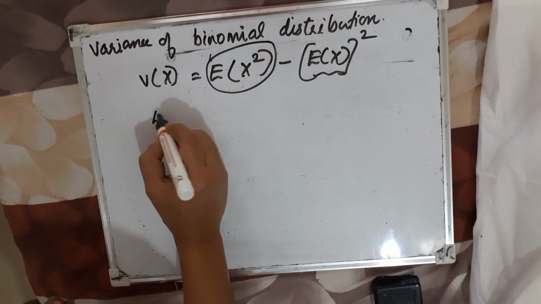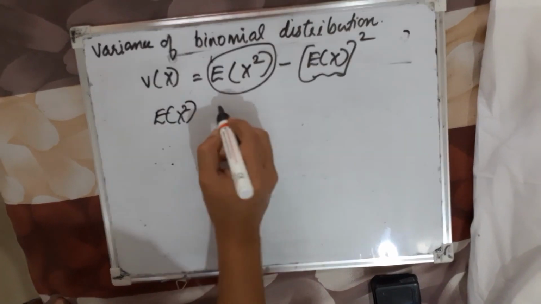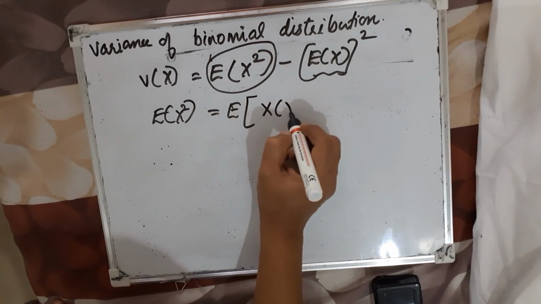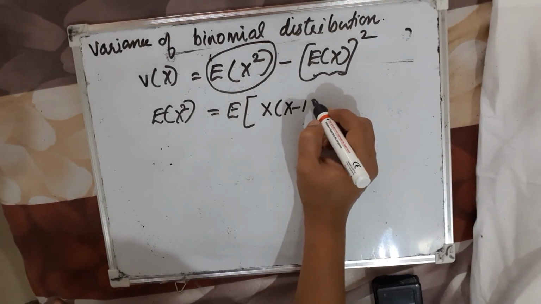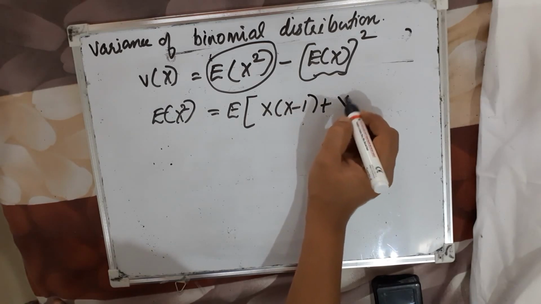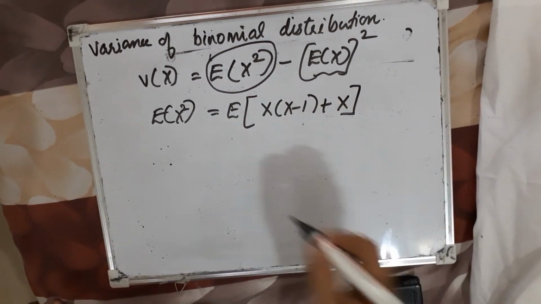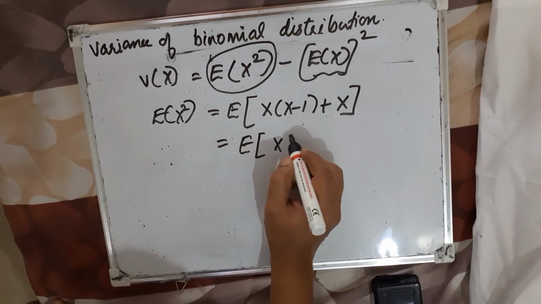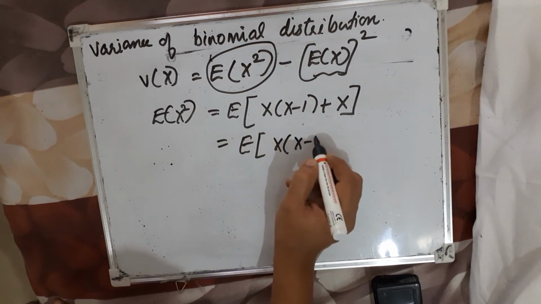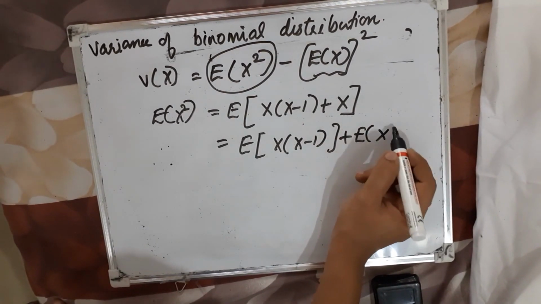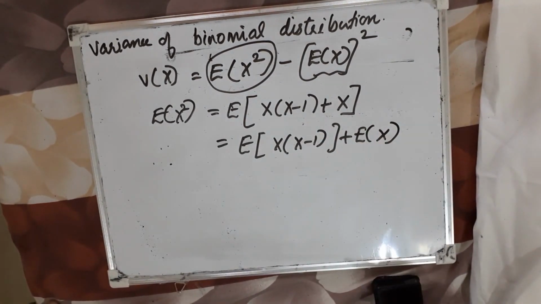To calculate the same, rearrange the term x square as x into (x minus 1) plus x. By the properties, it is expectation of x into (x minus 1) plus expectation of x.